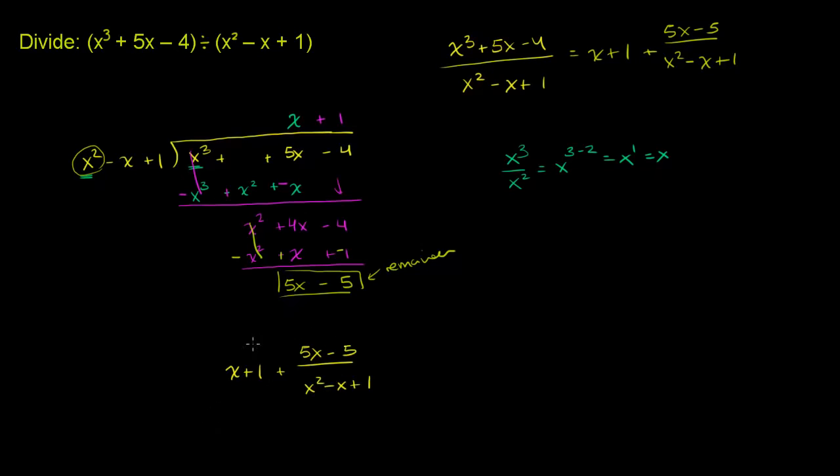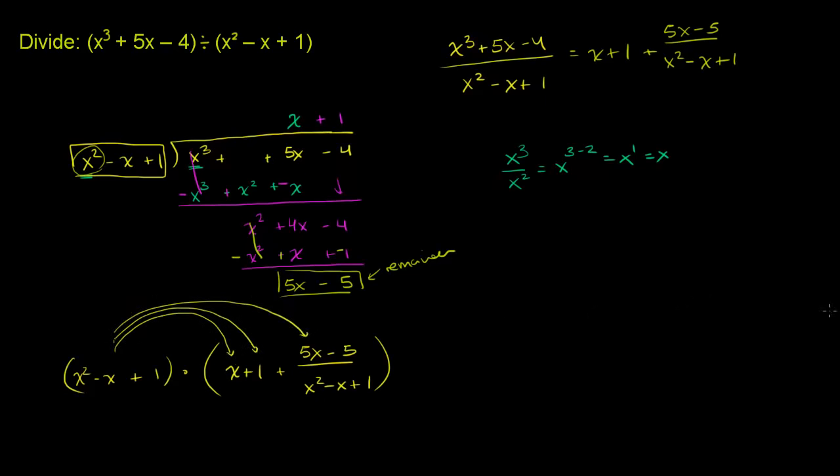If we take this thing over here and we multiply it by this thing over here, we should get the x to the third plus 5x minus 4. So let's do that. Let's multiply it by x squared minus x plus 1. And to do that, let's just distribute this whole trinomial times each of these terms.